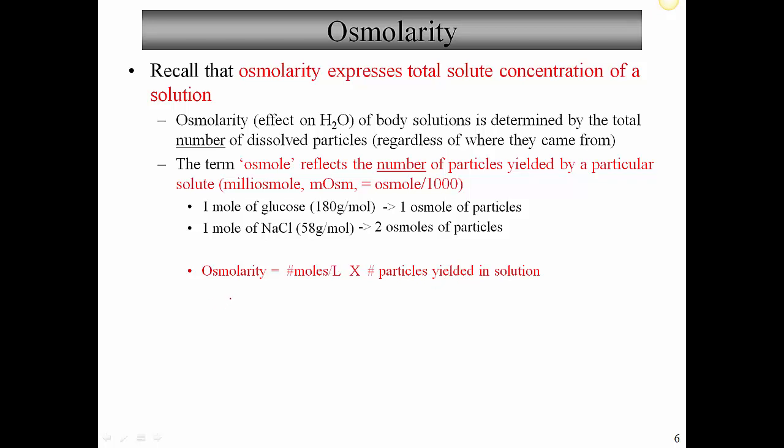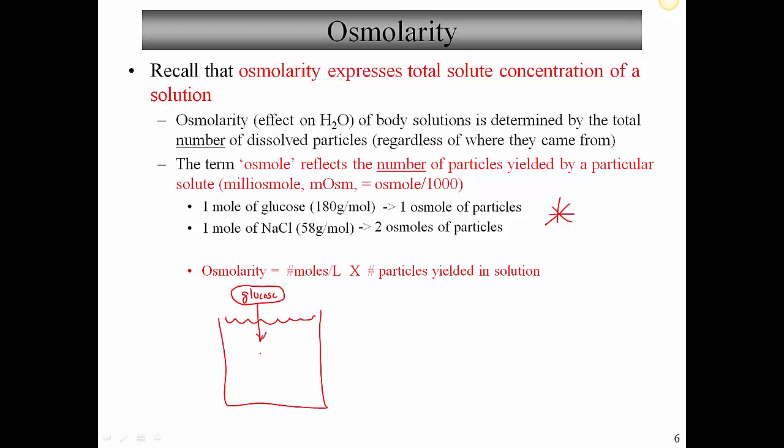Let's just do a couple of examples of this, but I want to show you these two illustrations first so that you can understand these two statements that are up here. Let's imagine that we have a beaker, and this first beaker has, let's say, 1 liter of water in it. And if I was to put glucose in this solution, one of the things to remember about this glucose is that it's covalently bonded.